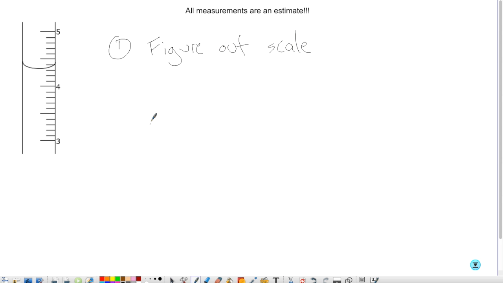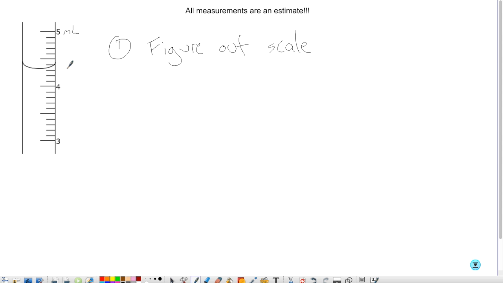That's usually just by asking what is the value of the smallest markings? One way you could do this is go from 5 to 4 and do the subtraction there. Let's say this is in milliliters.